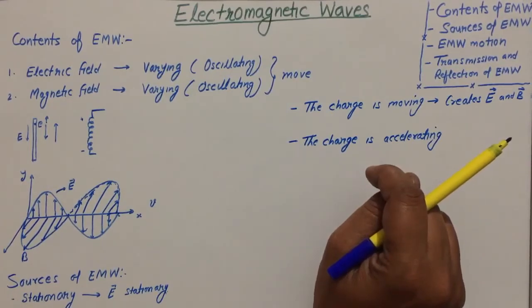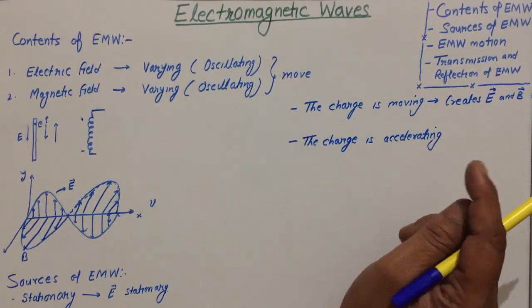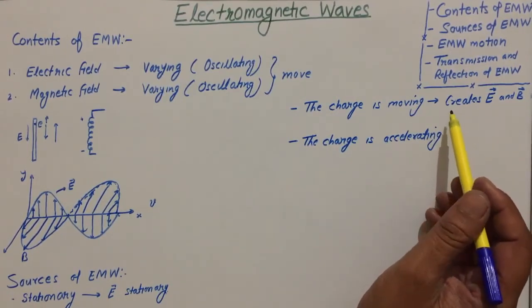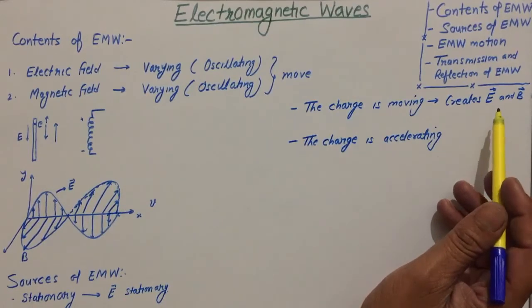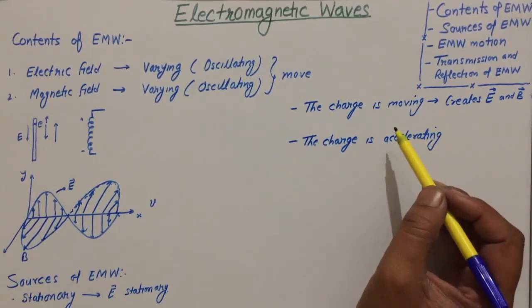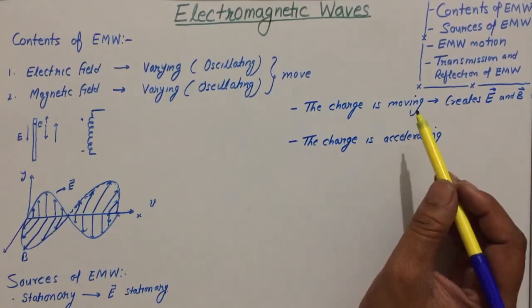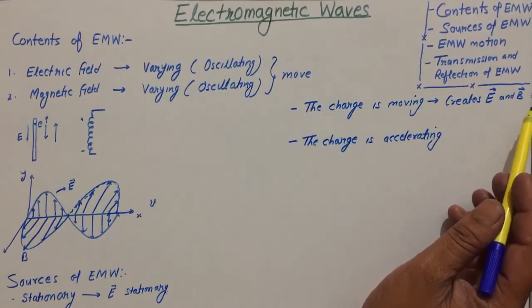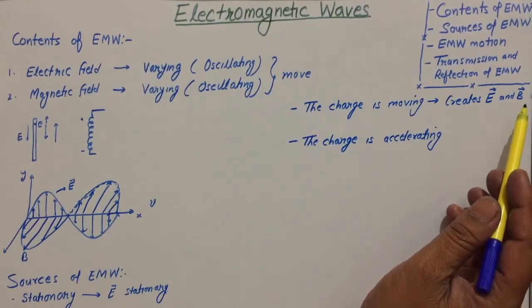The flow of the net charge is zero. So in that case, the electric field is not created. Only magnetic field exists. And if charge is moving, like the charge in the bullet form, in that case electric as well as magnetic field will be there.